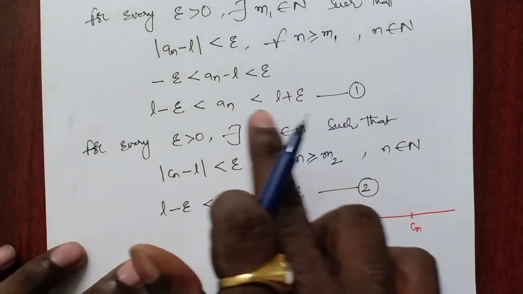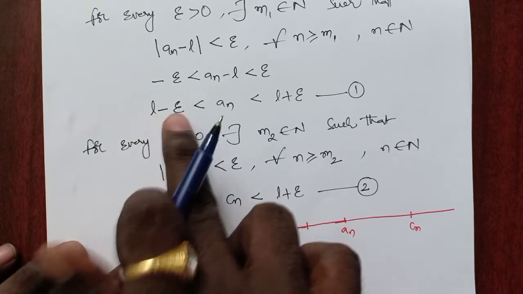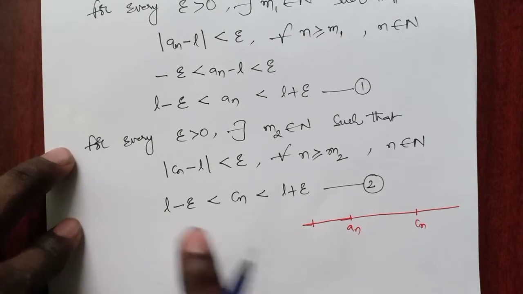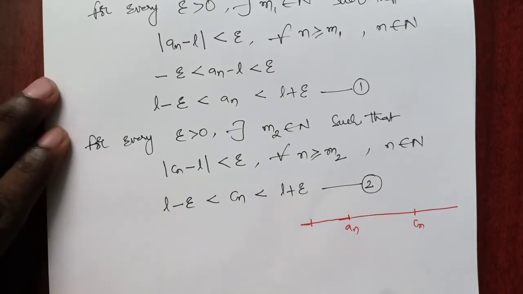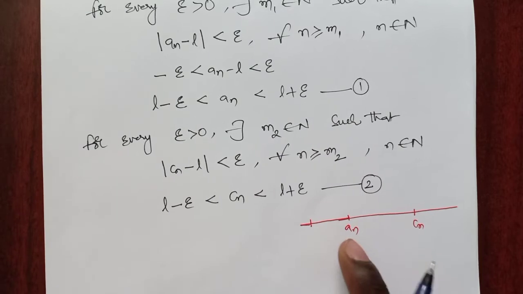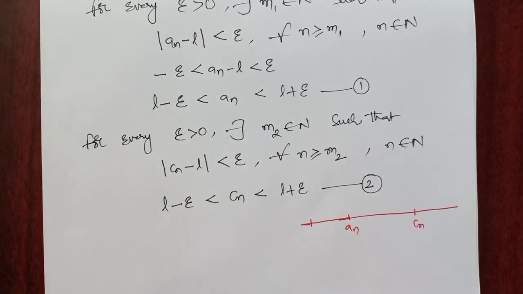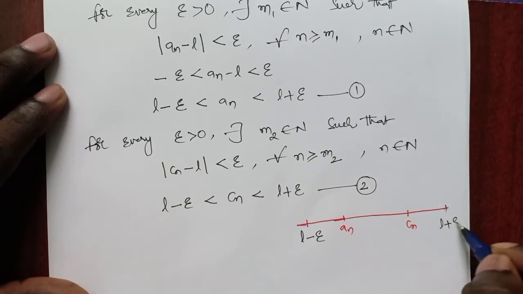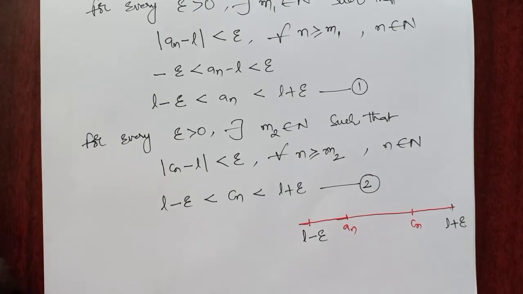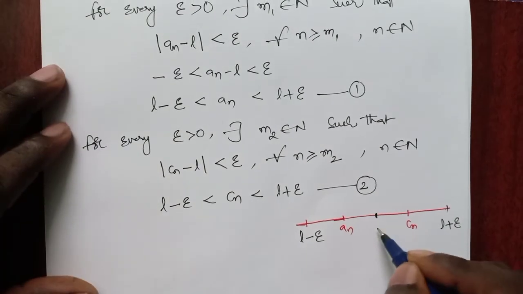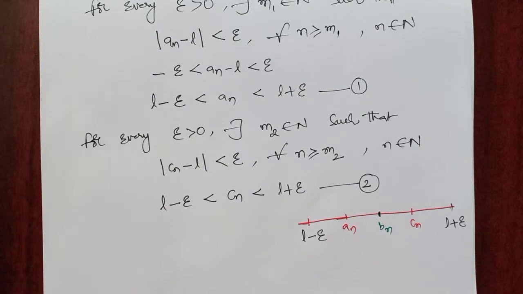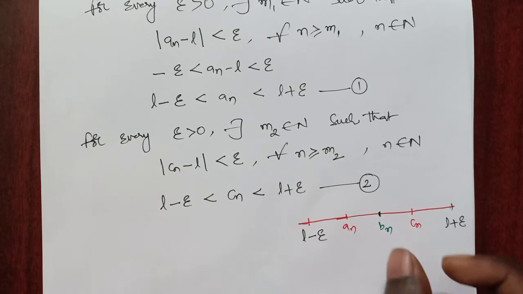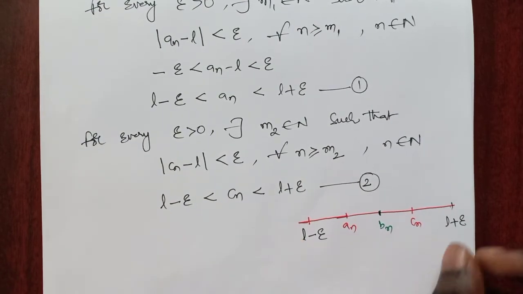From conditions 1 and 2, an lies in between l minus epsilon and l plus epsilon, and cn also lies in between l minus epsilon and l plus epsilon. So I can write it like this: an is less than cn, with l minus epsilon here and l plus epsilon here. In between them we have bn. See the number line: an is less than bn less than cn, and these are all in between l minus epsilon and l plus epsilon.